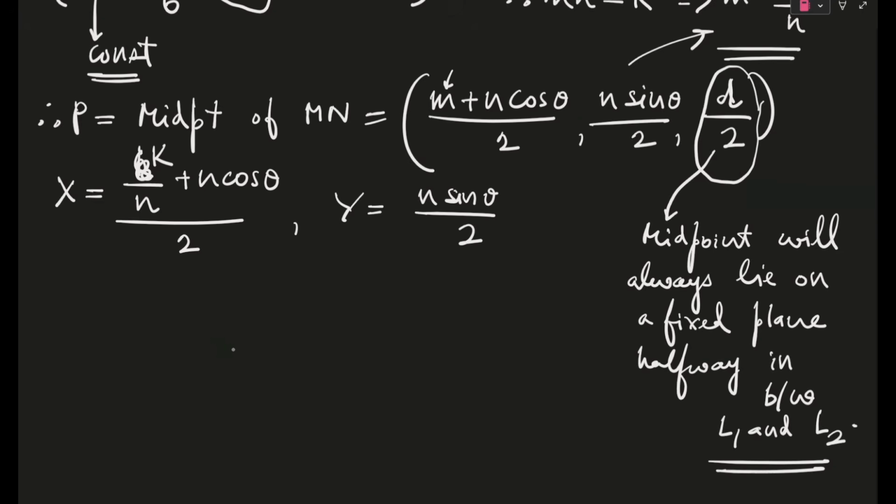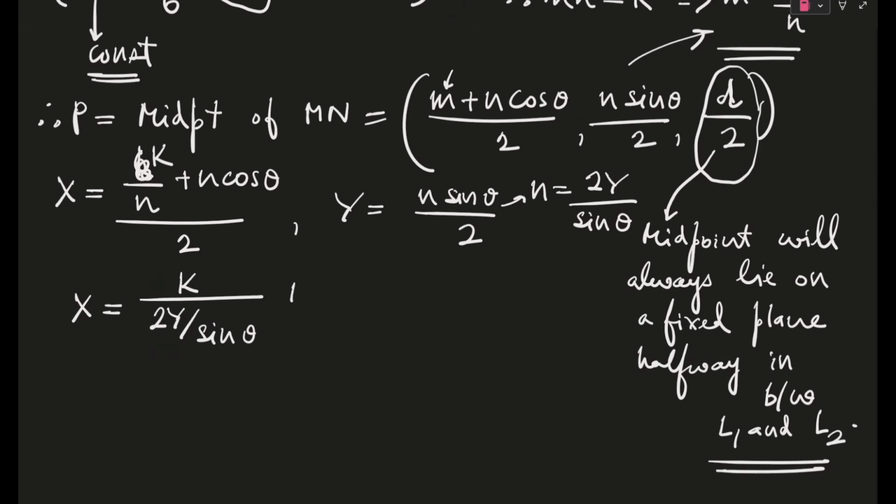So what I'm trying to do is write capital X as k by n, and not only n. From here I will write n as 2 capital Y by sine theta and substitute it into capital X. So this will come out to be k divided by 2 capital Y by sine theta, plus n cos theta, so 2 capital Y by sine theta times cosine theta, and this whole thing divided by 2.